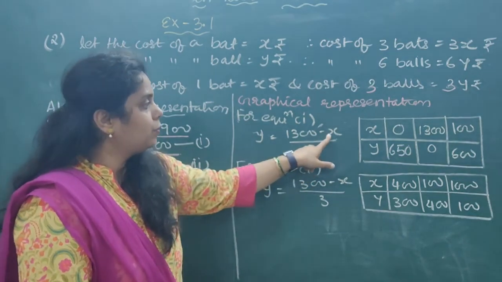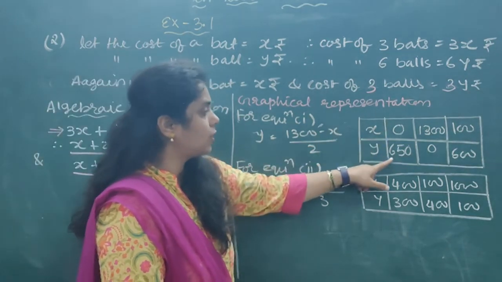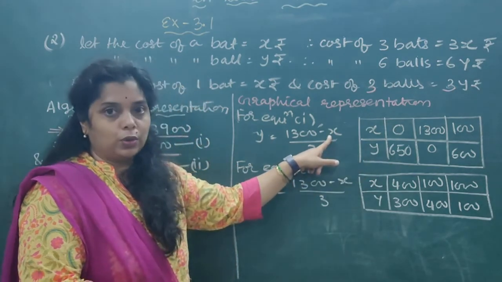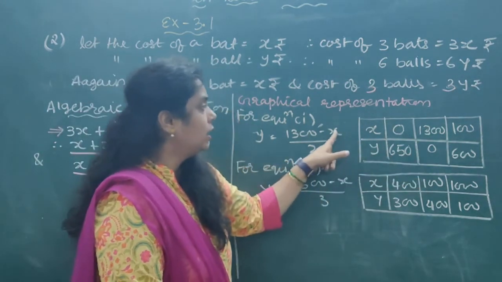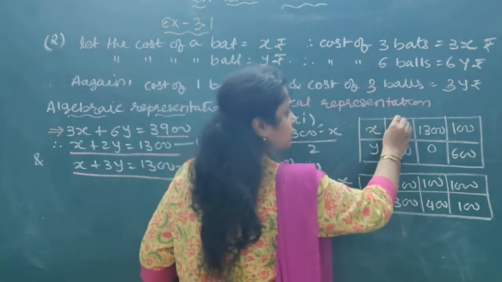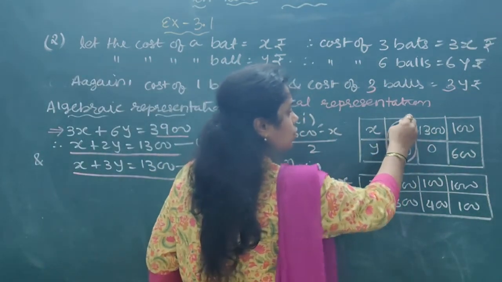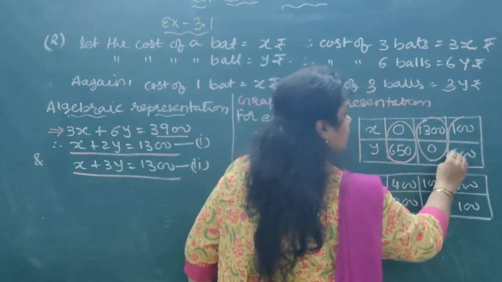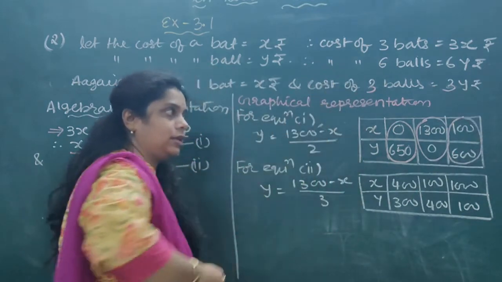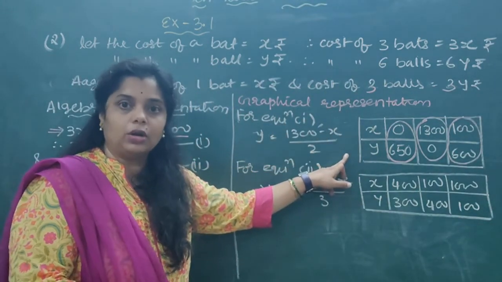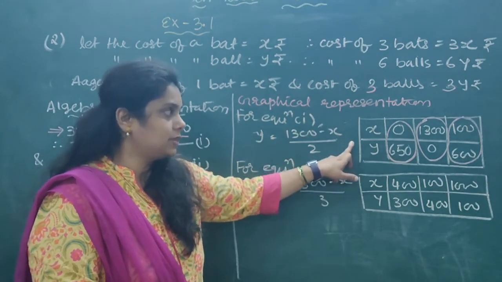Now again I put the value x equal to 0, so I got 650 as y. Similarly, x is equal to 1300, I got 0, and x equal to 100, I got 600. So in short, for the first equation, the points are (0, 650), (1300, 0), and (100, 600). So these 3 points are for equation 1, the linear equation.